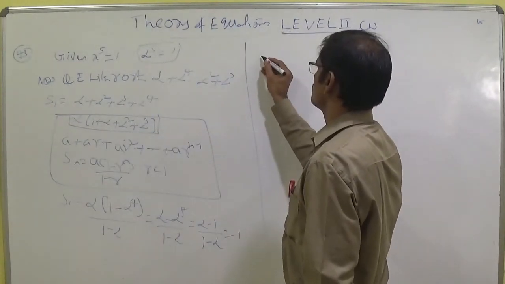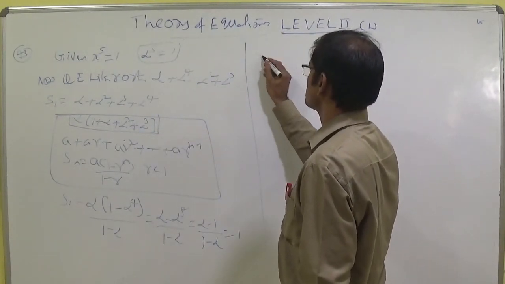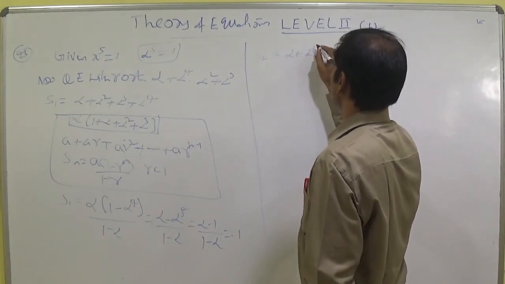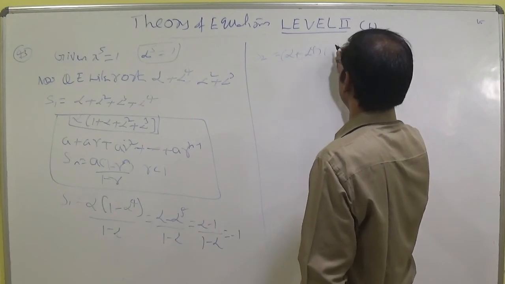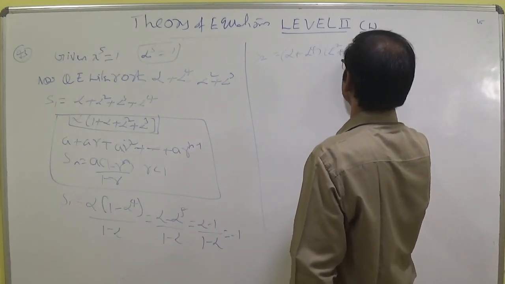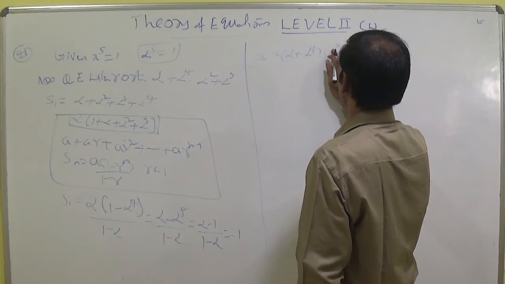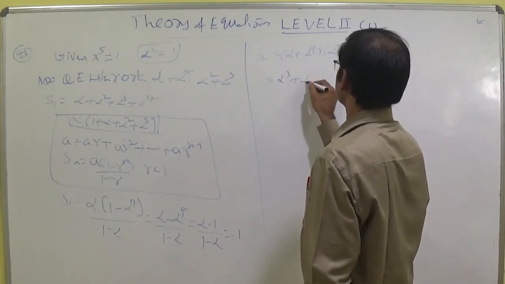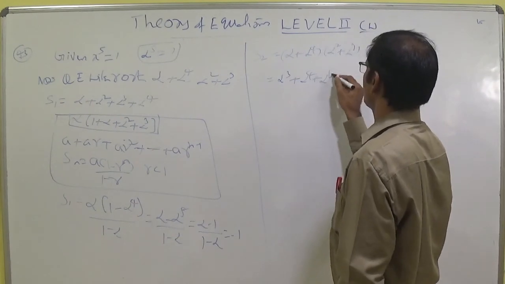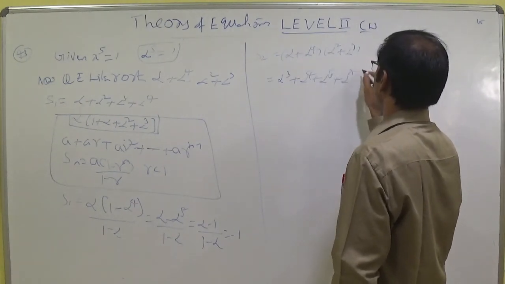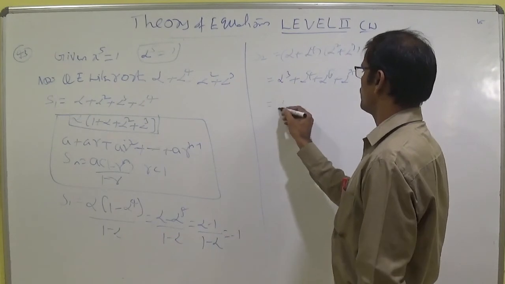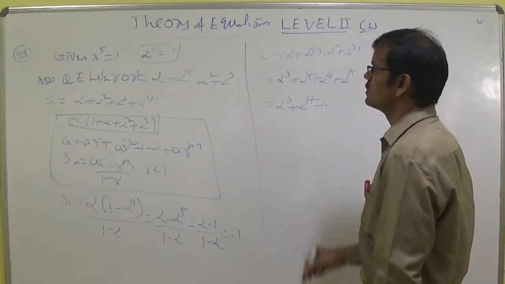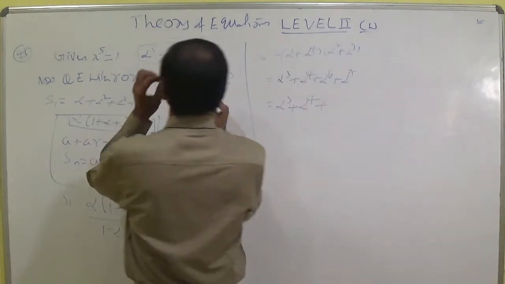Now S2, meaning for a quadratic equation, is the product of roots. So write (alpha plus alpha power 4) into (alpha square plus alpha cube). Multiply. Here you can write alpha cube plus alpha power 4 plus alpha power 6 plus alpha power 7. Students, alpha power 5 is equal to 1.